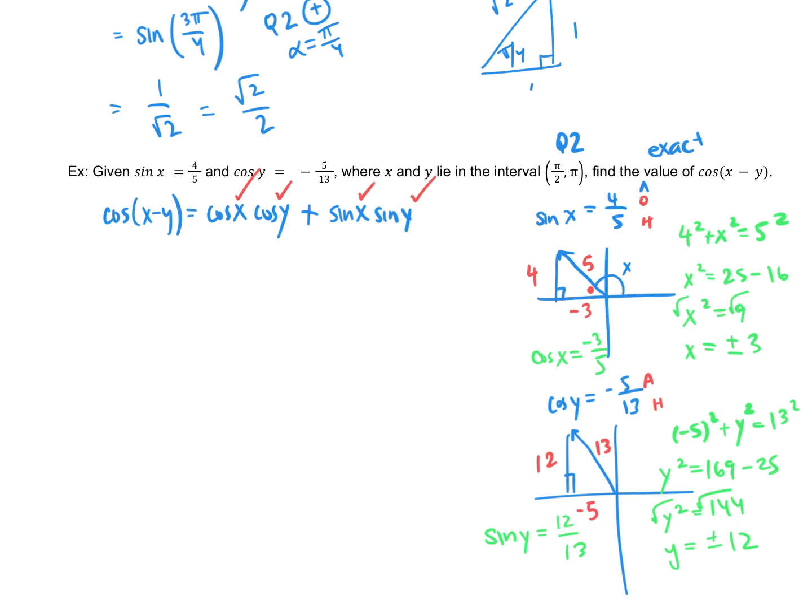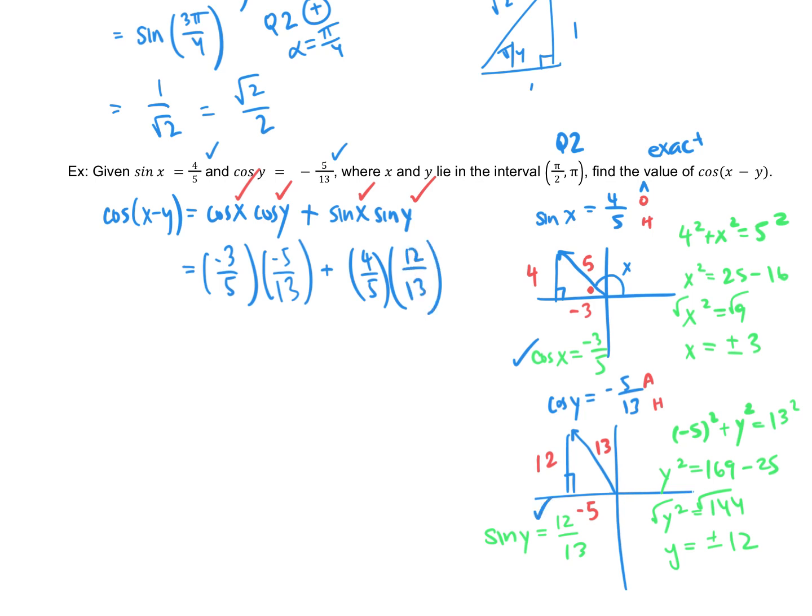And now we can put it all together. Cos x is negative 3 over 5. Cos y was given to us, negative 5 over 13, plus sine x was given, 4 over 5, and sine y we just found, 12 over 13. And now just multiply your fractions and add them up.